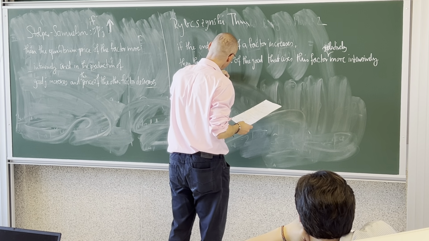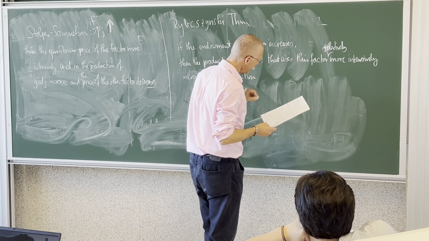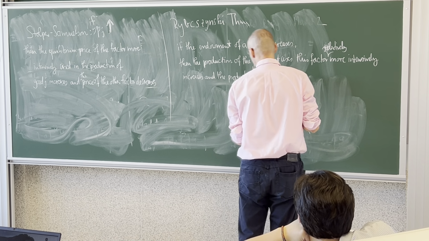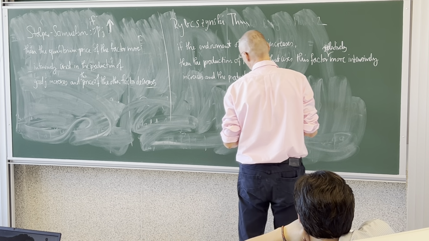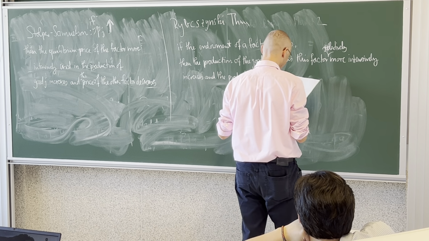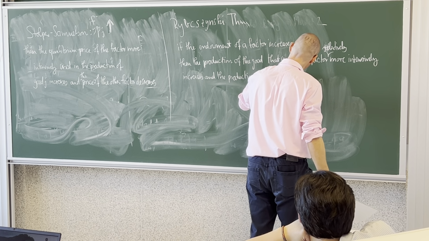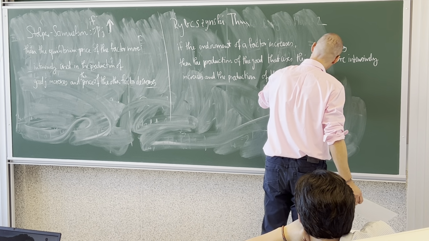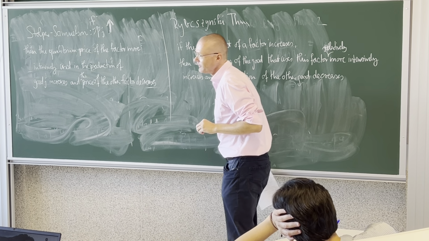And the production of the other good decreases. So if one of the inputs is more abundant, then the production which uses more of this input in relative terms will be increasing, and the other one will be decreasing. The production of the other good decreases.